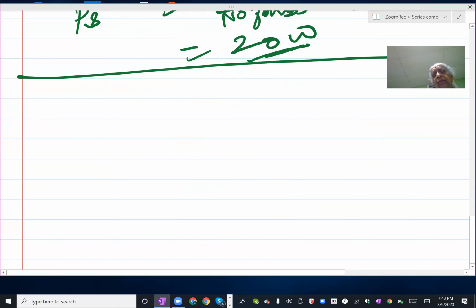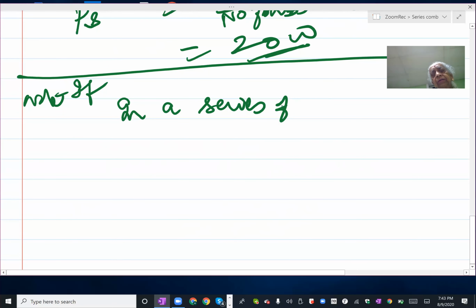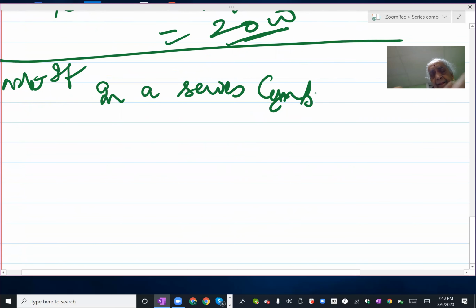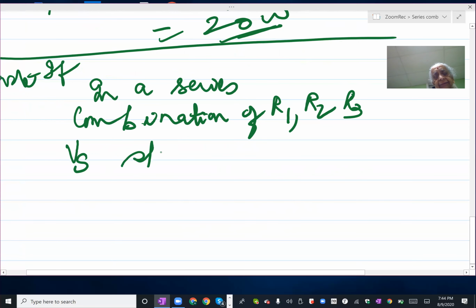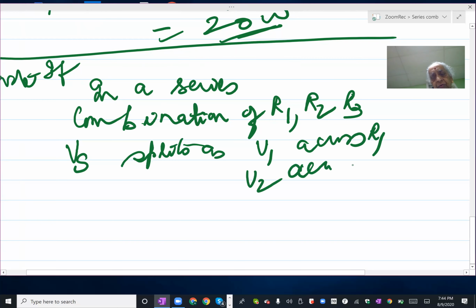Now, this is how you have to do. Note, if Vs is greater than Vm, in any case, in a series combination of R1, R2, and R3, the total supply voltage splits as V1 across R1, V2 across R2, and V3 across R3.